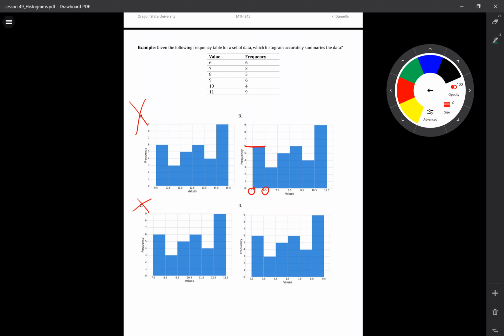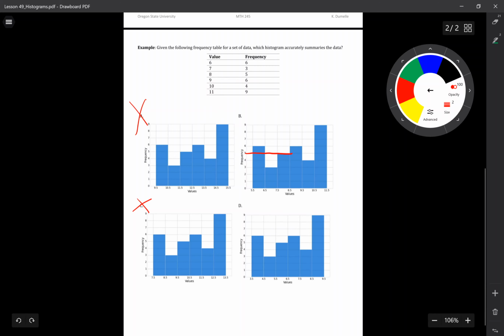I want the value 7 to have a frequency of 3. Well, 7 is between 6.5 and 7.5, and that has a frequency of 3. So we're good there. I want the value 8 to have frequency 5. 8 is between 7.5 and 8.5, and I have the frequency of 5, so we're good there.